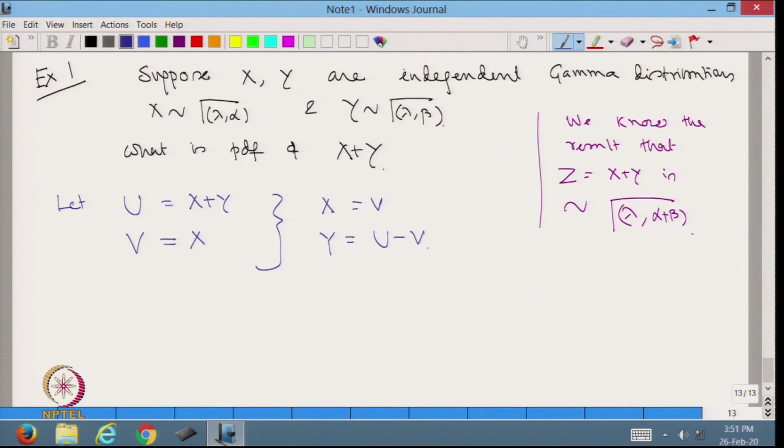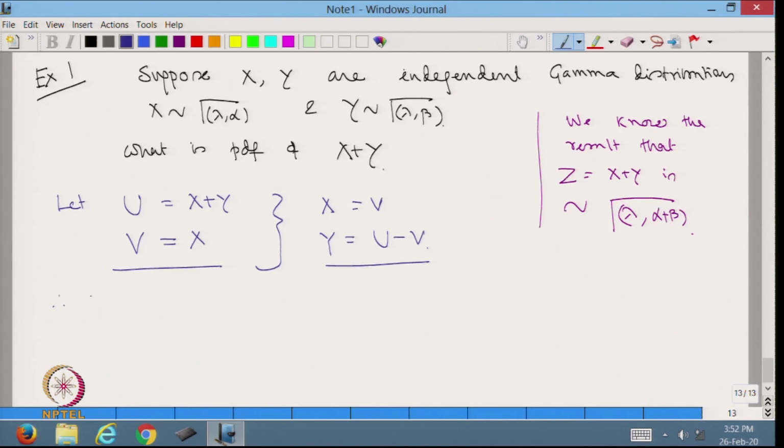Thus, in effect, from the transformation H1 and H2, we get their inverse transformation G1 and G2, which will bring back xy from u and v.